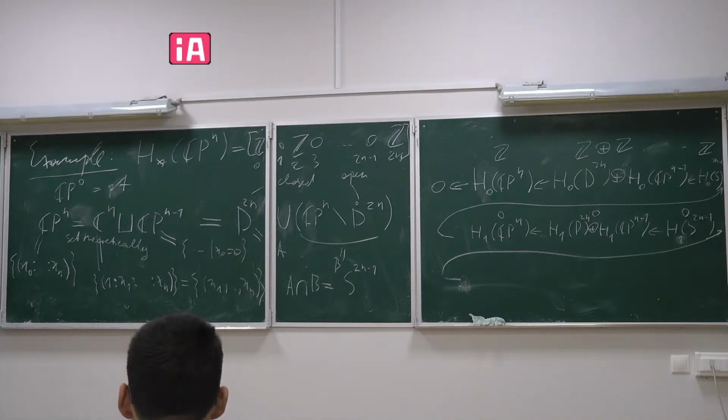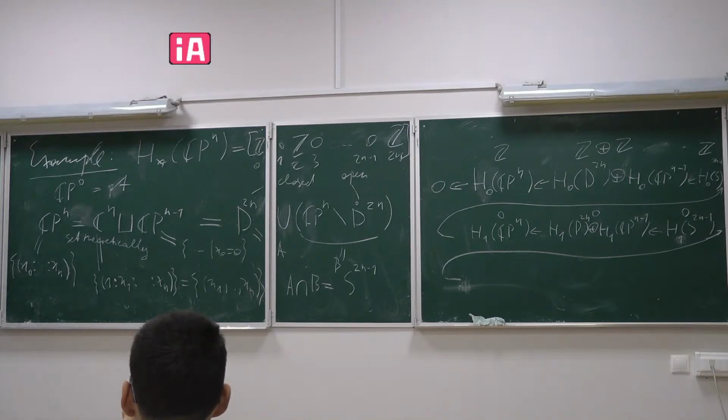How? Well, I take a point in Cn minus the unit disk. And then, well, since this point is outside the unit disk, it's not the origin.